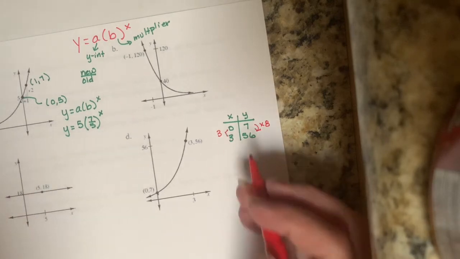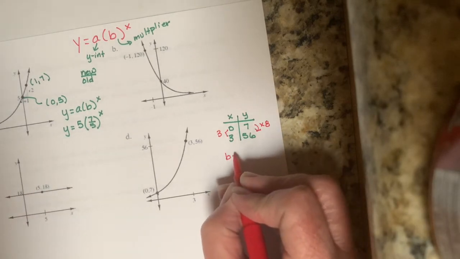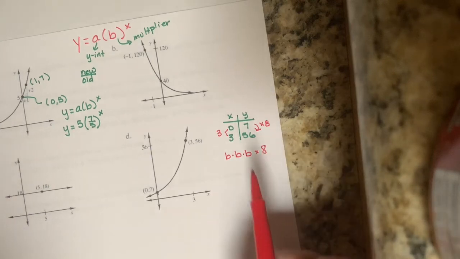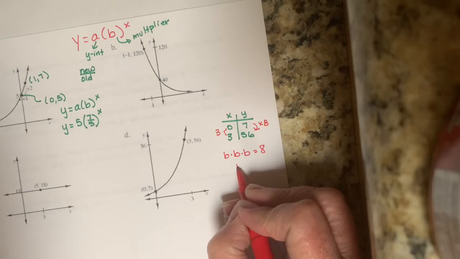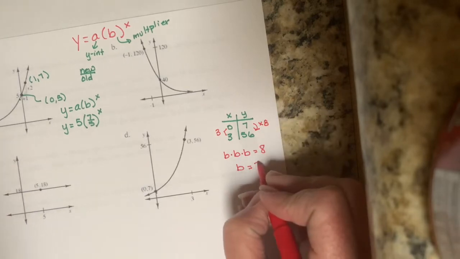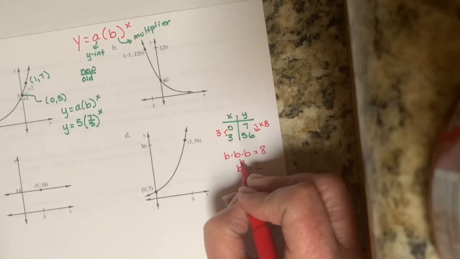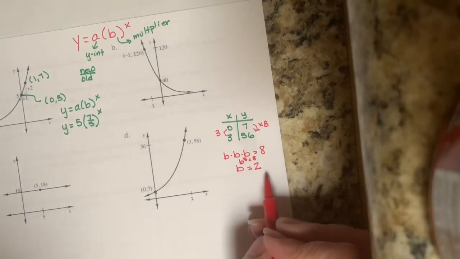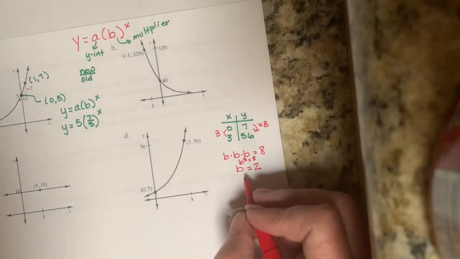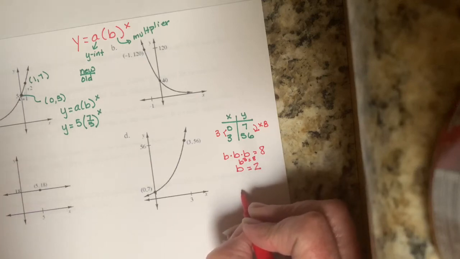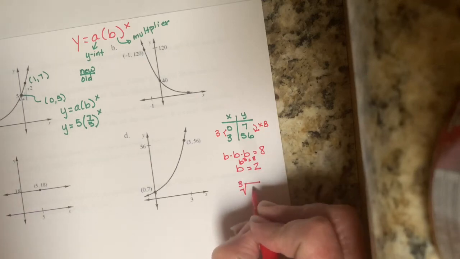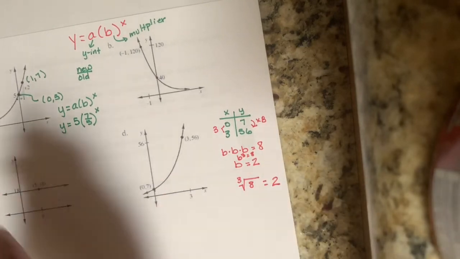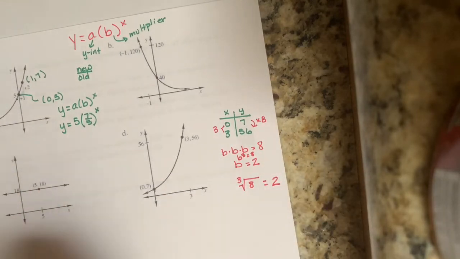But in this case, we actually used b times b times b to get to this 8. So what we're thinking about is b cubed equals 8. So b has to equal 2. If you're not positive about that, really what we're doing is taking the cube root of 8, which turns out to be 2. So b is 2.